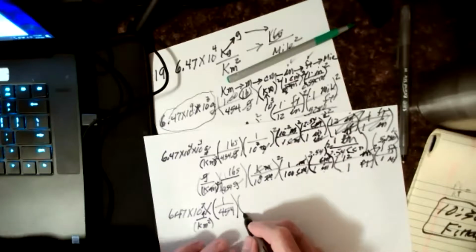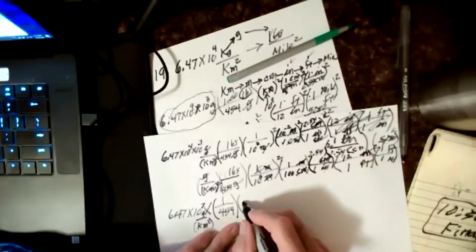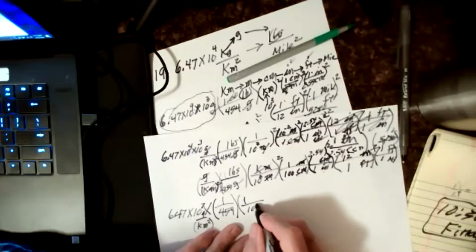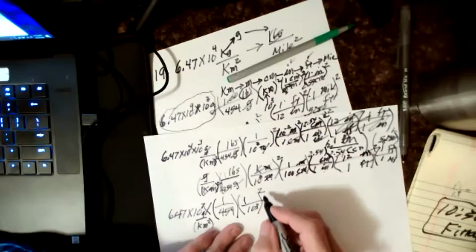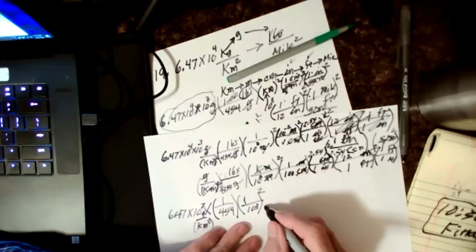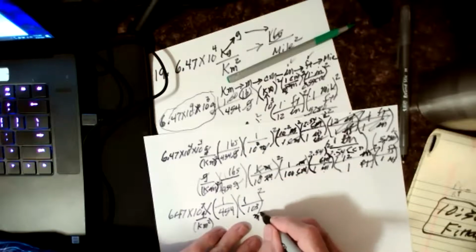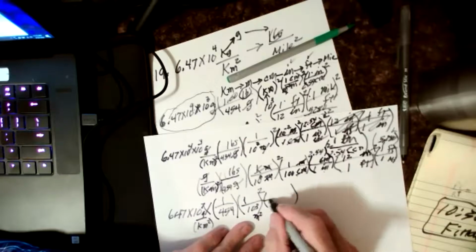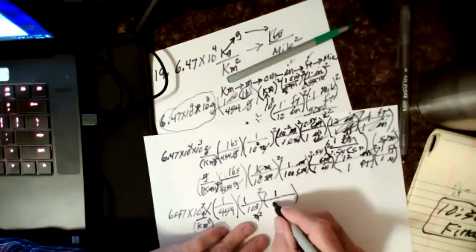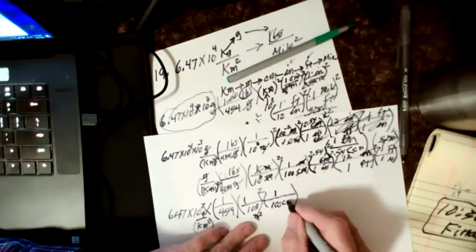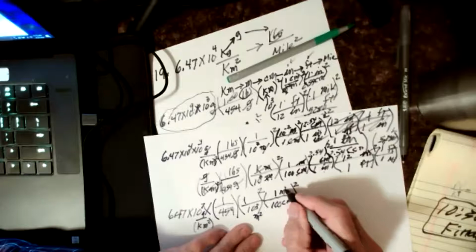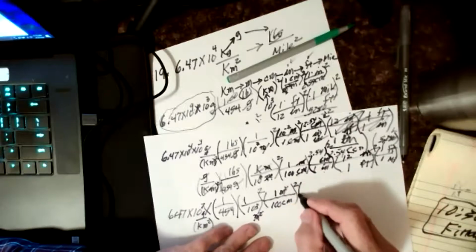So I wanted to go from kilometers to meters, so I want this factor: 1, and it's 10 to the 3rd, and that's squared. And now at the end of this stage, I've got meters squared as my unit down here. I'm going to put meters up here, and we had 100 centimeters here, and this is squared, so the meters squared from here cancels the meters squared from there.